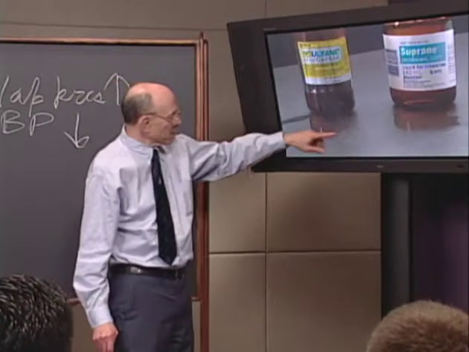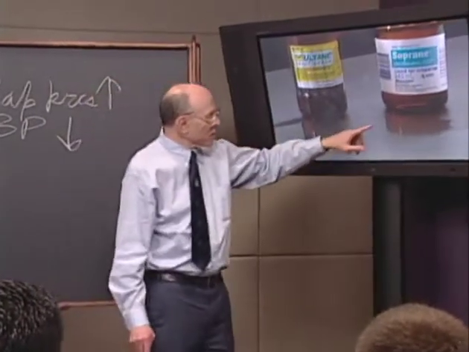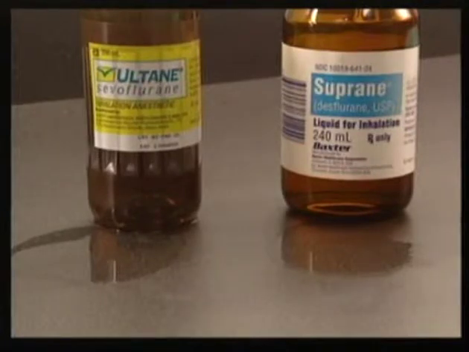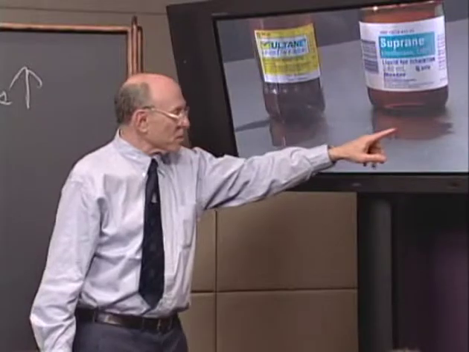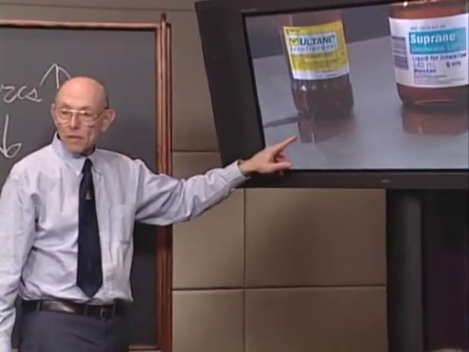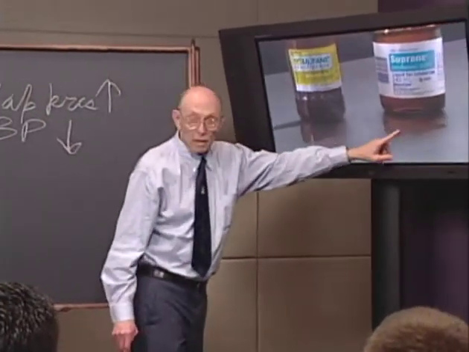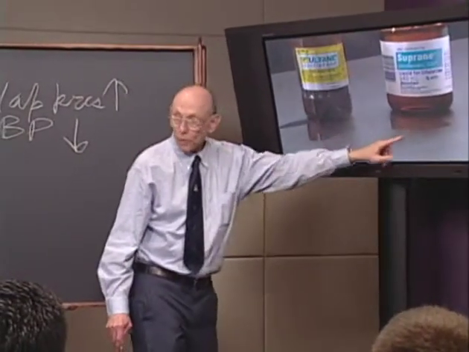Here's the outline of the sevoflurane. And you can see the outline of the desflurane already beginning to shrink. And this will disappear long before this liquid disappears. It does so because its vapor pressure is much higher, so it evaporates quicker, and its boiling point is much lower.